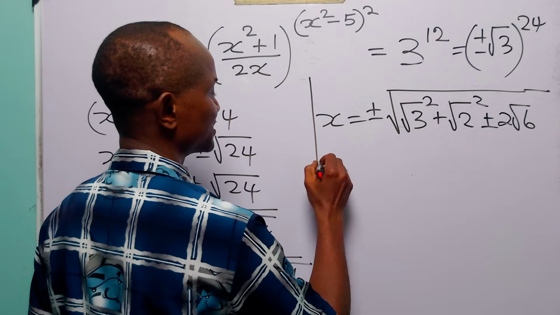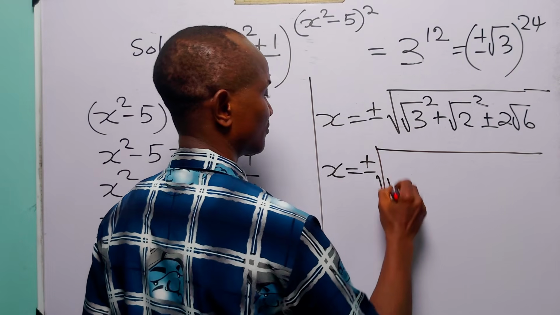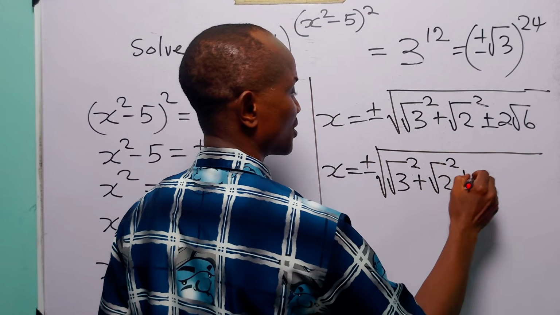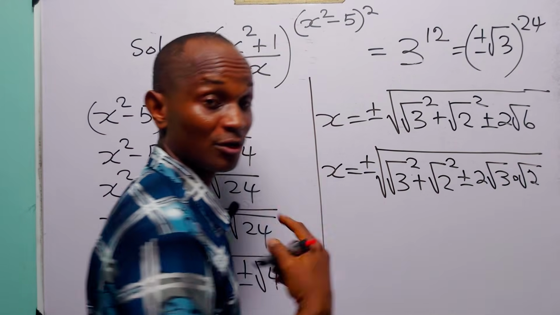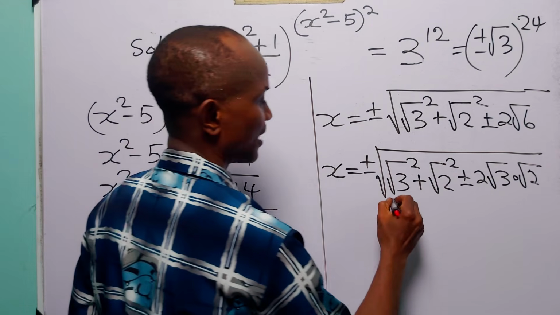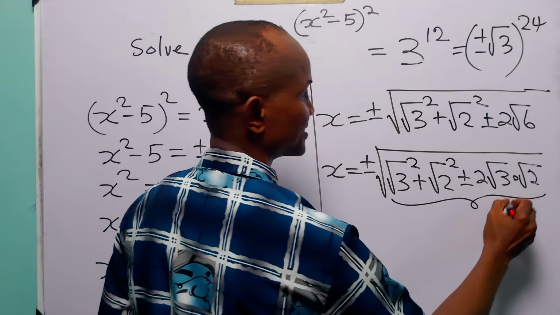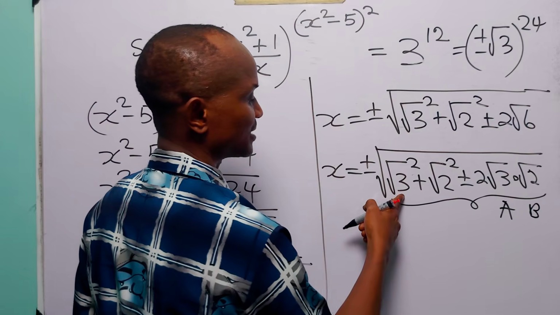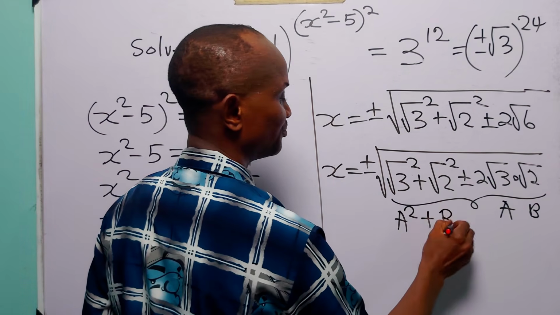Now this can also be written as plus or minus the square root of root 3 squared plus root 2 squared plus or minus 2 times root 3 times root 2, because of course, root 6 is equal to root 3 times root 2. Now look at what we have here. If root 3 is equal to A and root 2 is equal to B, then that means that root 3 squared will be A squared and root 2 squared will be B squared.